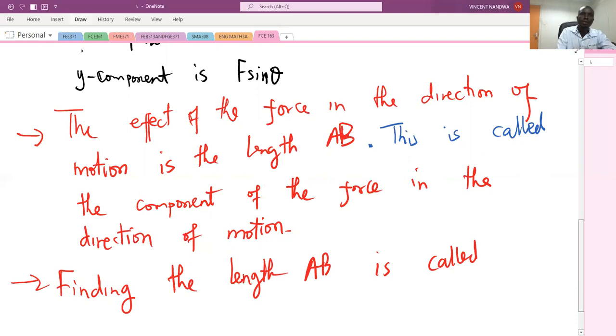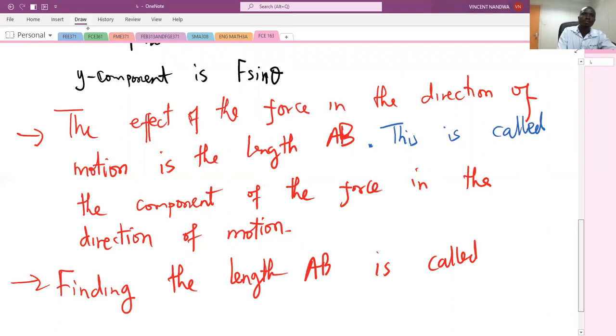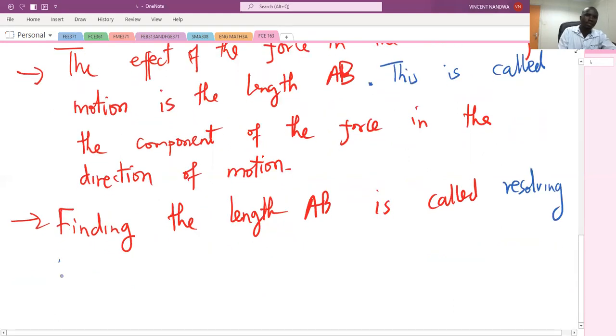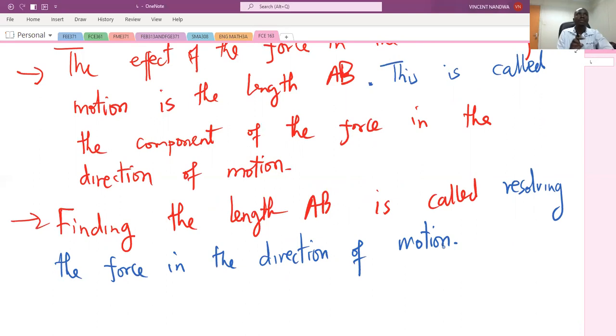With respect to this example, resolving the force in the direction of motion. So that's what we call resolving of forces. So finding the length, or finding the magnitude of the force in the direction of motion.